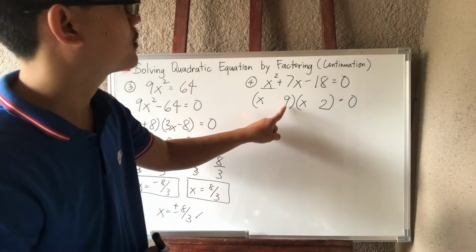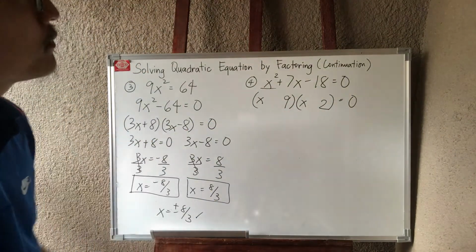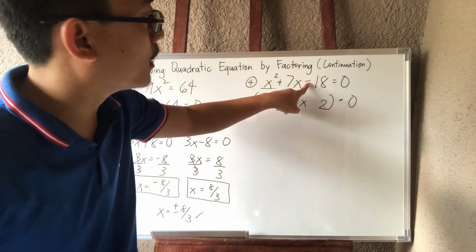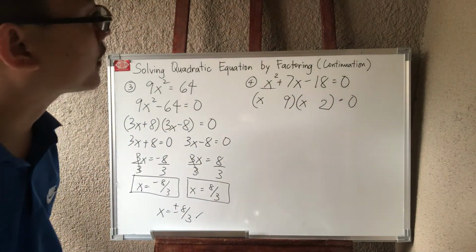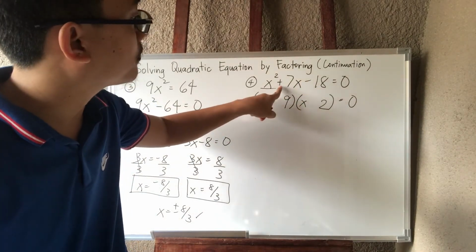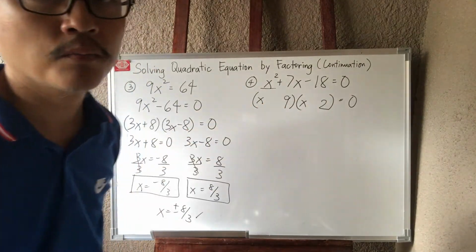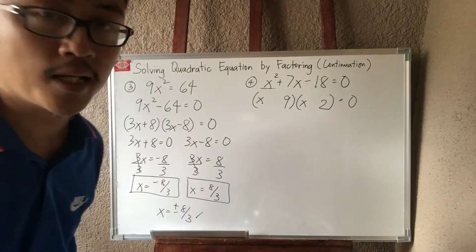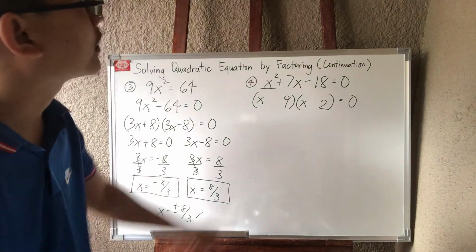So, that is 9 times 2. Then, since ang dulo ay negative, so katulad nung example 2 natin kanina, since ang c natin is negative, ang gitna is positive, one of these will be positive, then the other one will be negative.